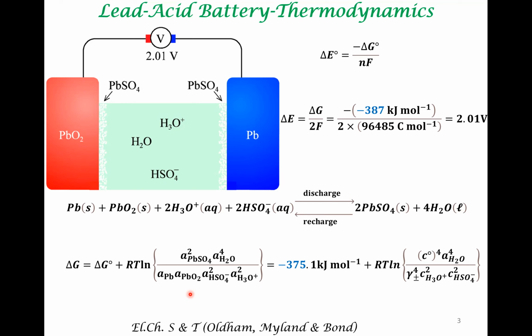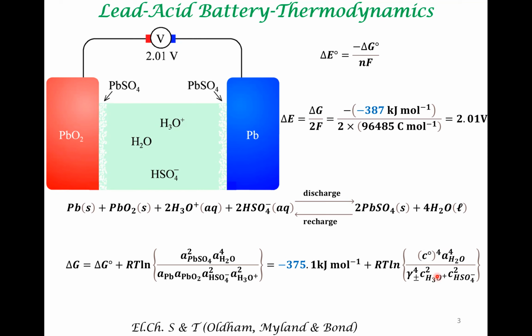These would be under the electrochemical thermodynamics series of lectures. So this number is minus 387. This number is minus 375. That corresponds to delta G naught. These two are one and the same, and this is expressed here. So you express activity in terms of activity coefficients and concentration.